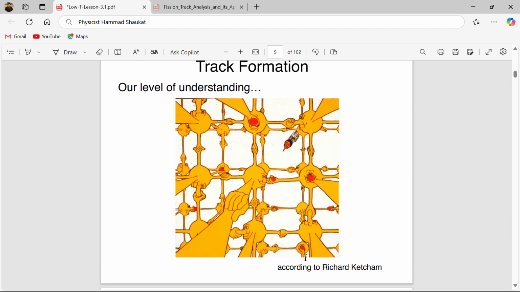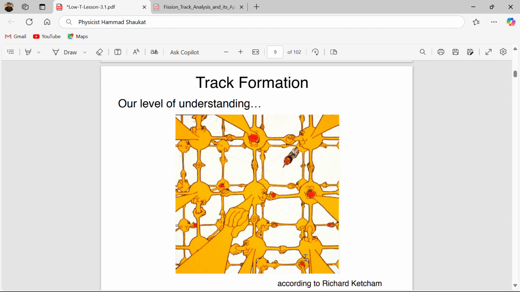Now here you can see the track formation, how tracks form. This is a simple illustration for understanding track formation.